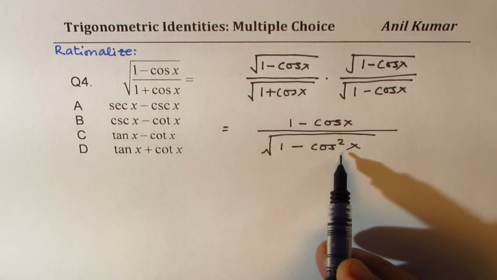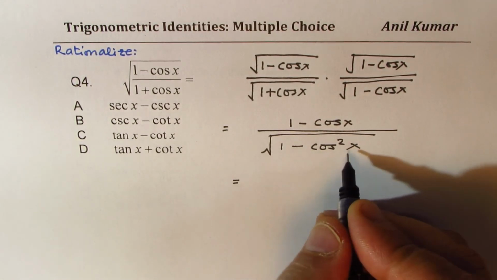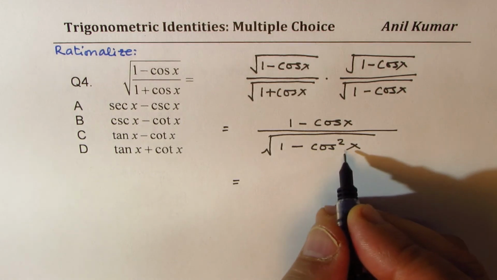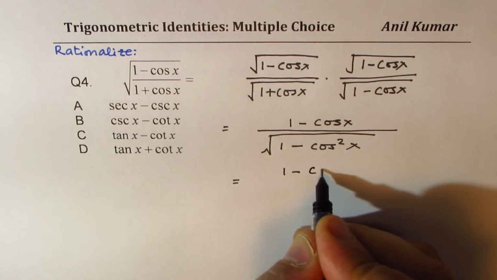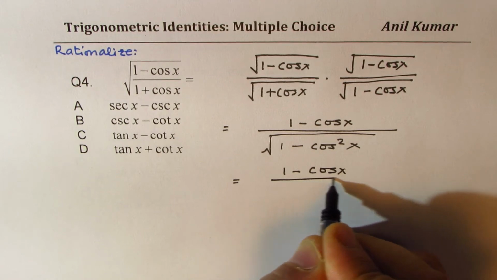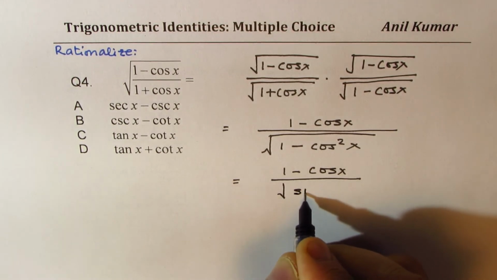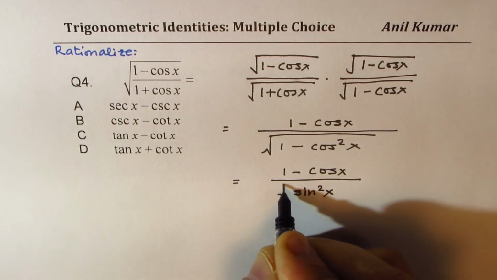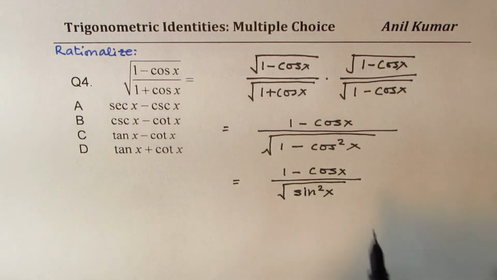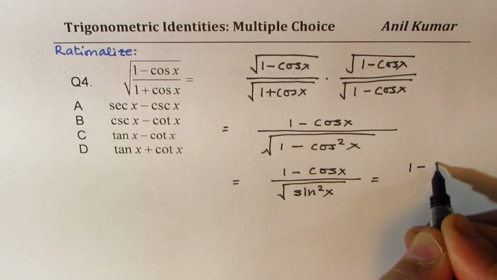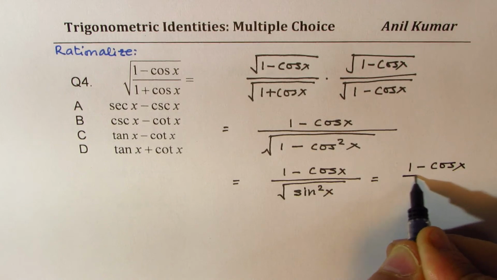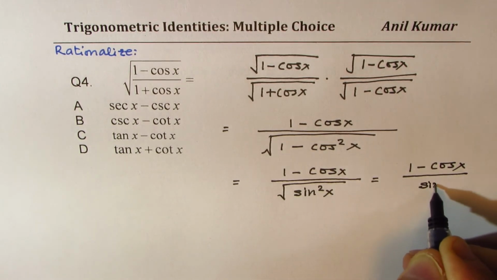Now what is 1 minus cos square x? 1 minus cos square x is sine square x. So we have 1 minus cos x over square root of sine square x. And that should give you 1 minus cos x over sine x.